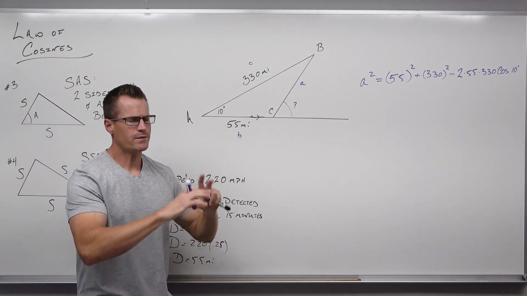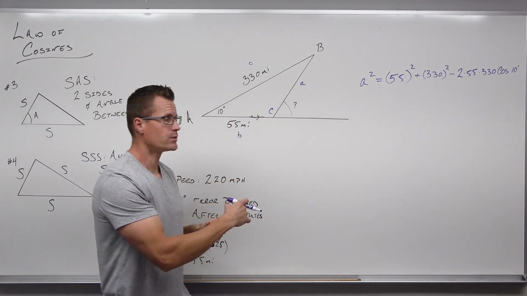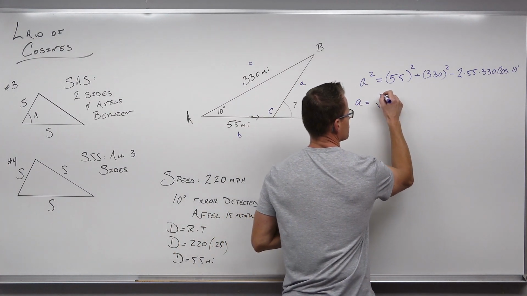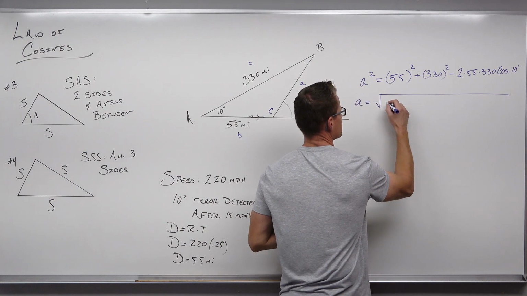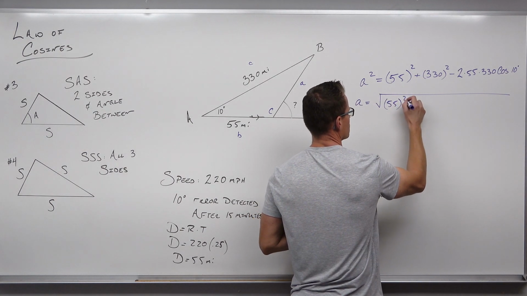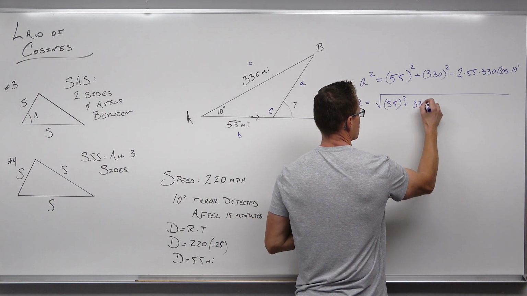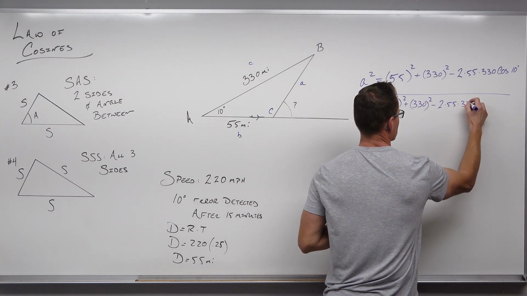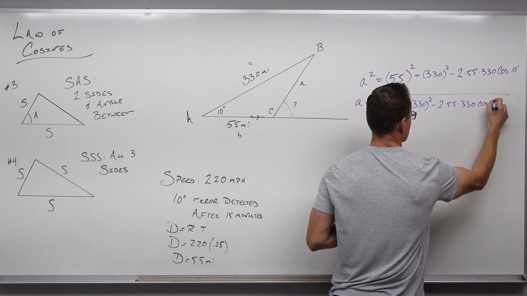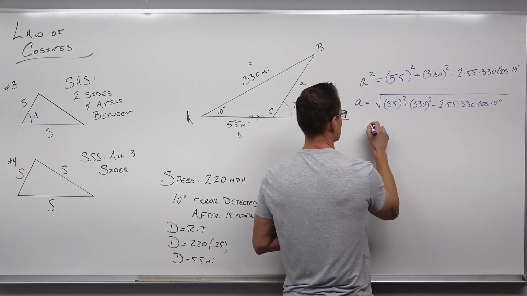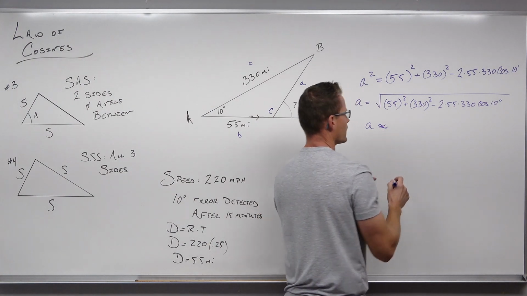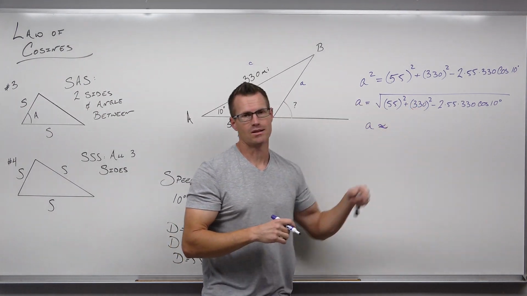So if we take the square root of that entire expression and do not round it, A is exactly that.